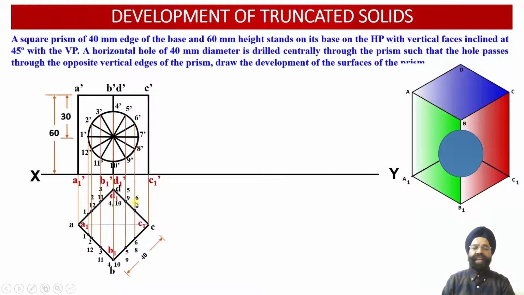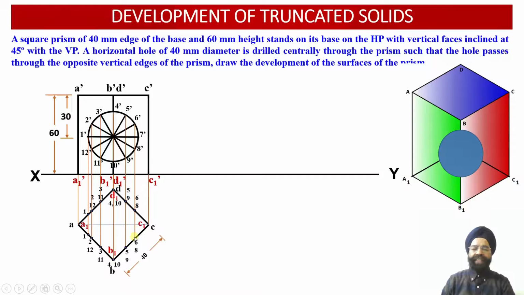Onto the rear face, we are going to observe the location of the points 6 and 8 alongside the rear edge CD at a distance of C to 6, 8. So we will measure this distance on the rear side, and we will be able to locate the points of intersection 6 and 8 onto the vertical projector, which will be at this distance from point C.